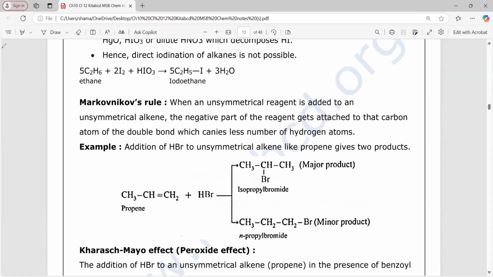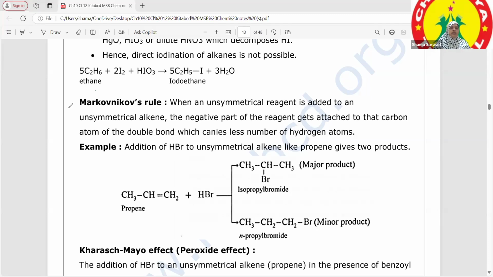Whatever products we have formed, I have explained to you about the stability of secondary carbocation. But at the same time, there is one rule which you have to learn, and on the basis of that, you can decide the major and minor product. So what does the Markovnikov rule say?